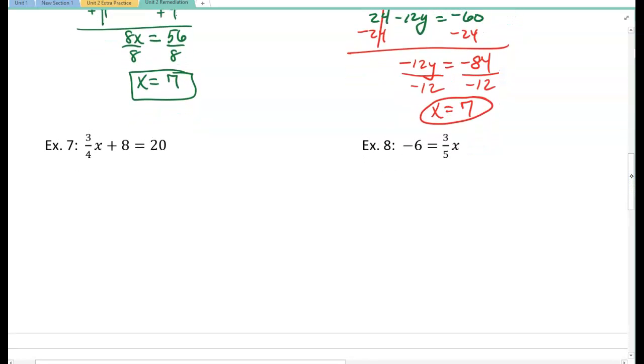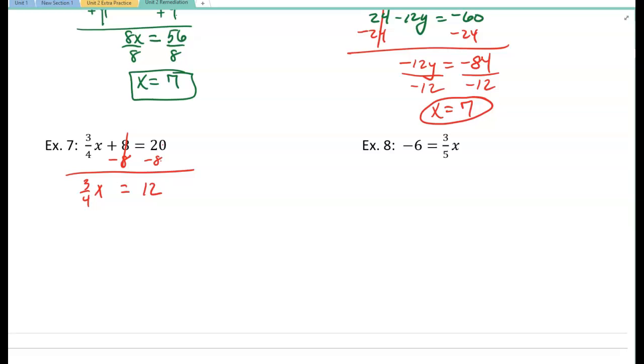For instance, in example 7, I know the first thing I have to get rid of is the 8. How do I get rid of it? I'm going to subtract 8. If I subtract 8 here, I subtract 8 here. And watch, I work left to right. I bring down 3/4 x. I know those eliminate, equals 20 minus 8 is 12.